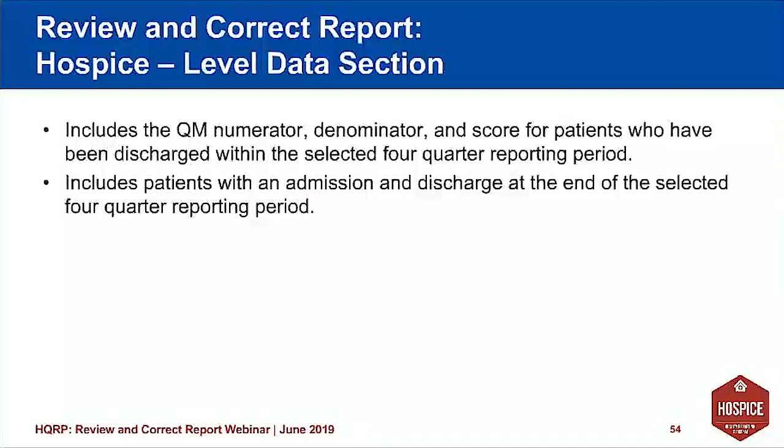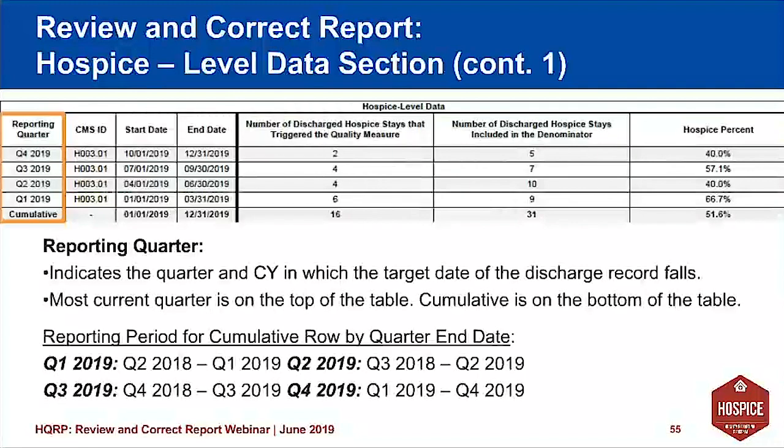As far as the facility level data is concerned, it includes the quality measure numerator, the denominator, and the score for patients who have been discharged within the selected 4-quarter reporting period. It also includes patients with an admission and a discharge at the end of the selected 4-quarter reporting period.